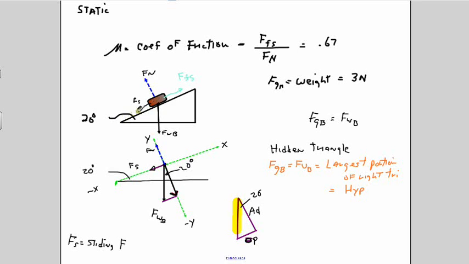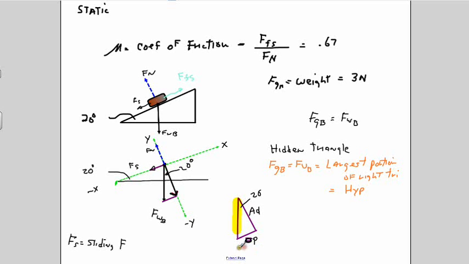Before, it was working to hold it back from the pulley and weight, pulling it this way. Now it's trying to hold it from the friction, from the gravity trying to pull it down that way. So the force of friction can be either way. Now, if we know which is bigger, this one or the force sliding, then we'll know if this thing is going to slide or stay still. So let's summarize.